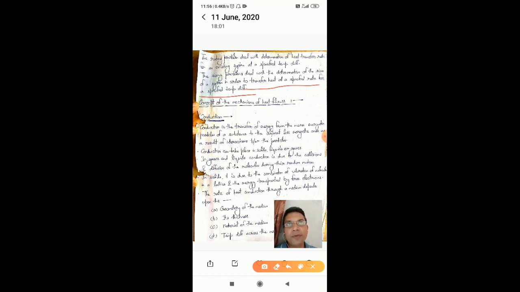The specified temperature difference in this particular example, the example of the refrigerator coil situated at the back, means the first is the ambient or atmospheric temperature, and the second one is the working fluid temperature which is flowing inside the tube. So this is the specified temperature difference.